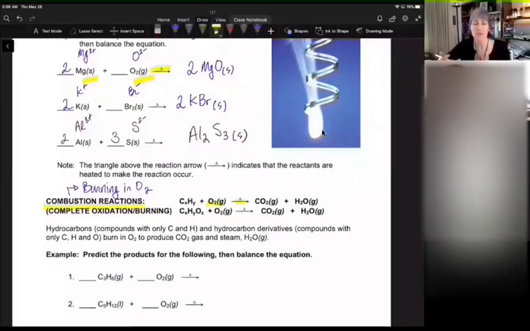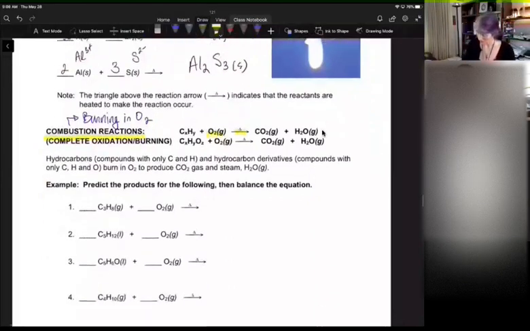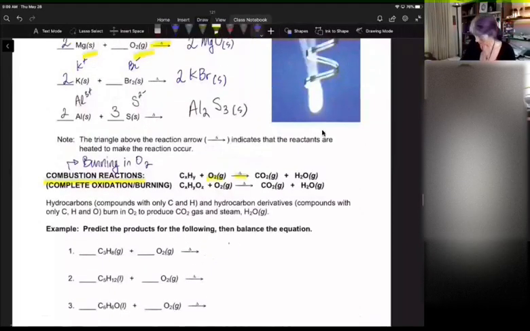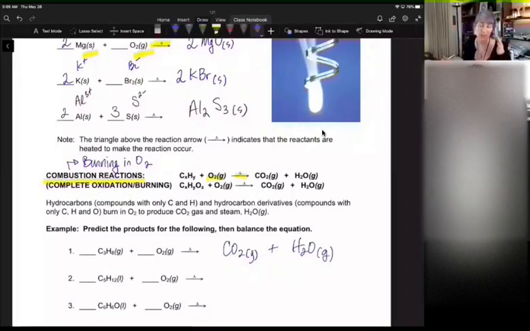We have to light it on fire and then it burns. So oxygen and heat, that's our clue that this is a combustion. And complete combustion always produces CO2 and water. So our products in every case are going to be CO2 gas. And then water, because it's at high temperature, it will be water as a gas.